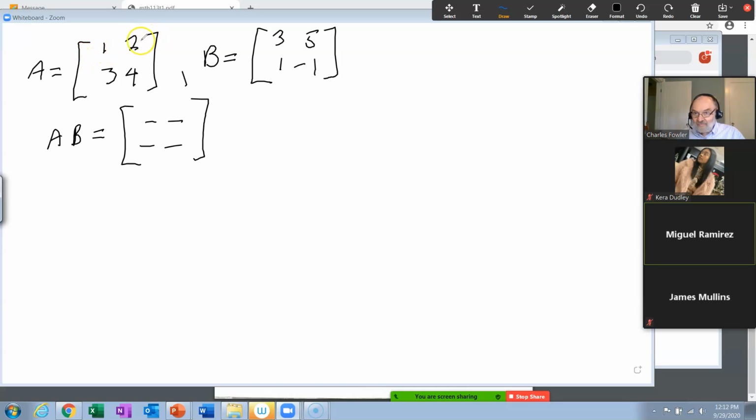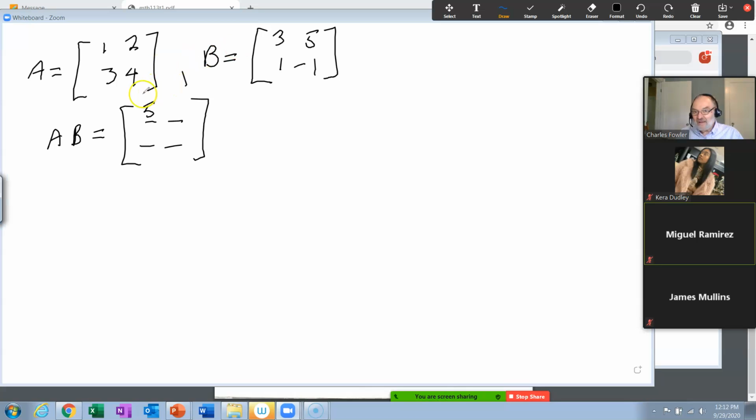It would be the first row by the first column and add them as you go. 1 times 3 is 3, plus 2 times 1 is 2, 3 plus 2 is 5. Is that what it meant by the same thing? No. Okay, I thought not. Only if the one was an identity matrix would it be the same thing. Neither of those are identity matrices.